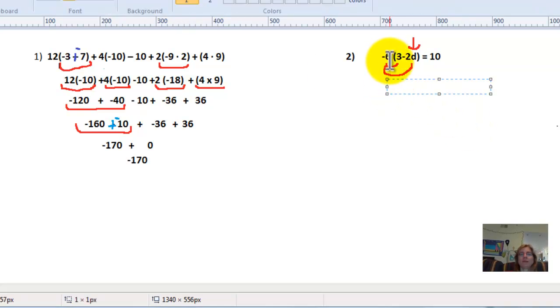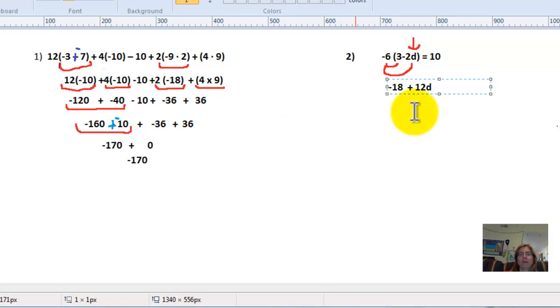Negative 6 times 3, the first one, is negative 18. Then negative 6 times negative 2d is a positive 12d, as negative 6 times negative 2 is a positive 12. And the d doesn't go anywhere.